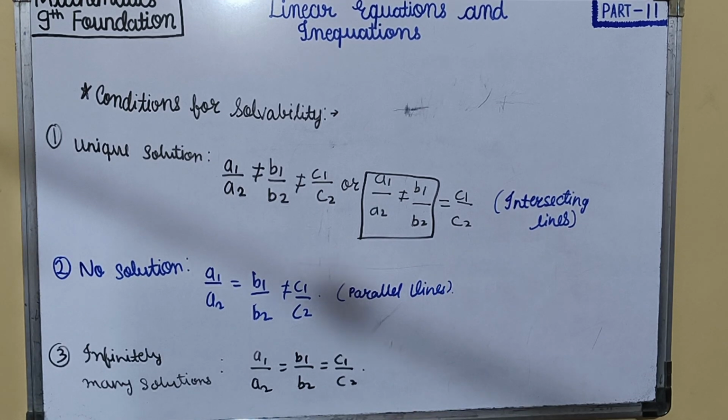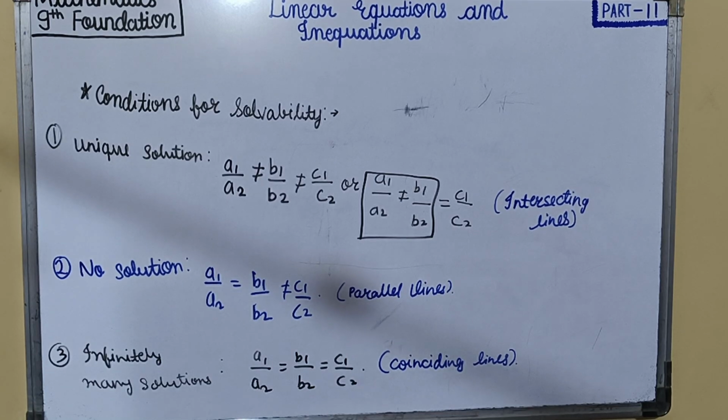And infinitely many solutions form coinciding lines. Now, these are the main points which you have to go through thoroughly. Now we will solve examples to know what these are used for.